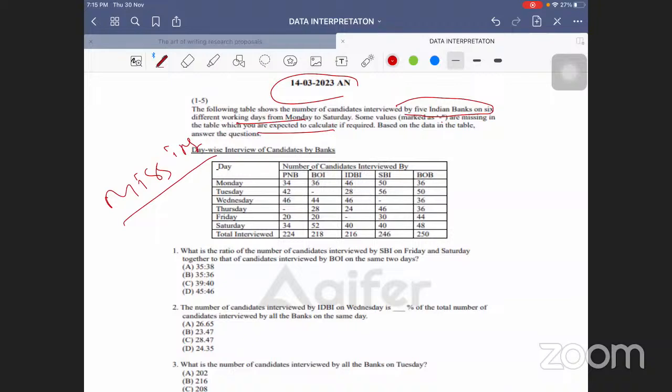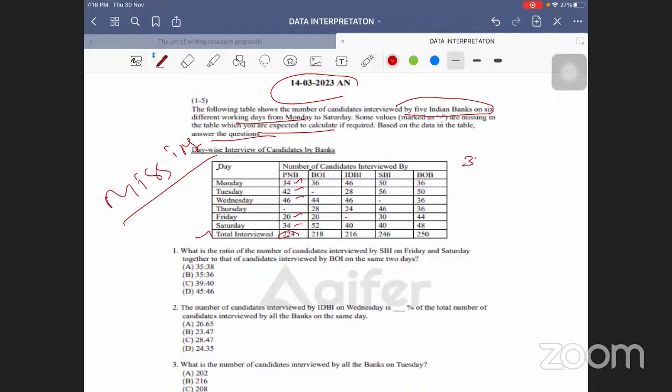Based on the data in the table, answer the questions. So first we need to find the missing data. How to find it? They gave the total interviews in all the banks, and only one data point is missing, so add everything and subtract from the total interviews.